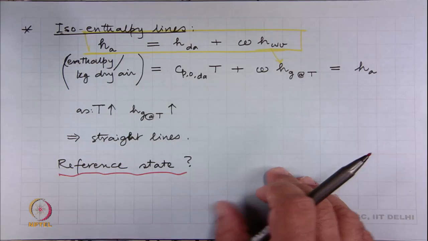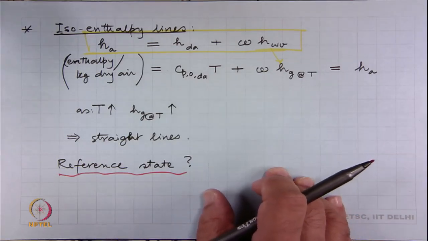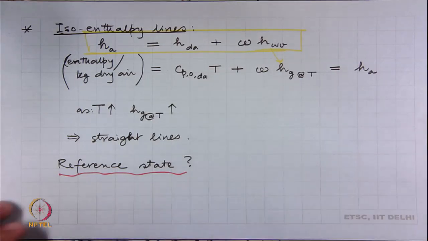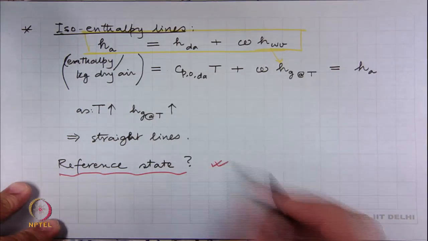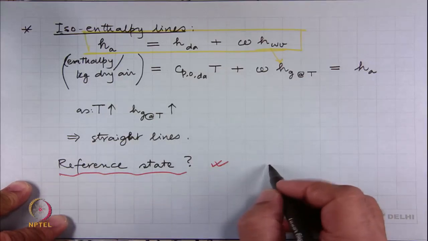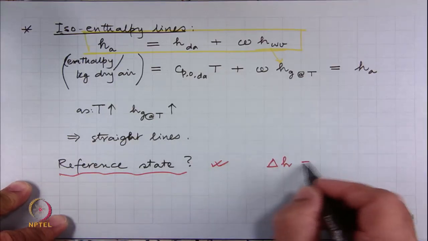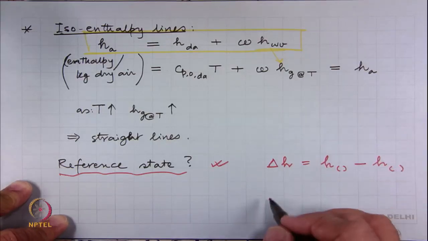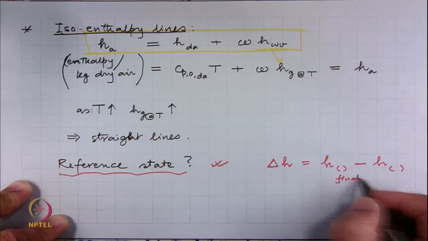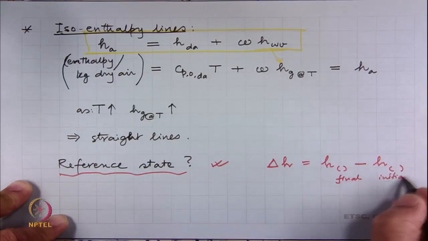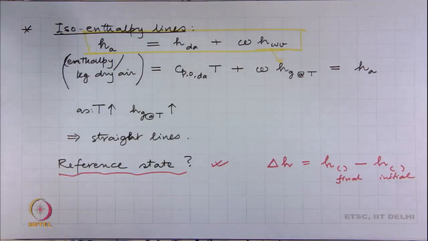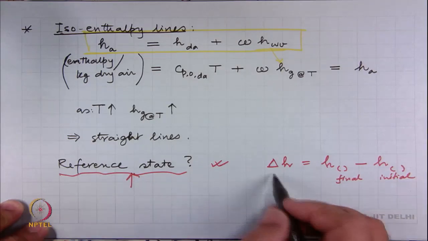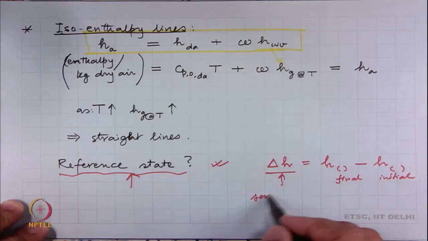Somebody has used minus 20 degrees Celsius as the value for setting H as 0. But that should not worry us, because in most calculations we will be worried about the change in enthalpy, which will be enthalpy at some state minus enthalpy at an initial state. So, this would be a final state enthalpy, this could be the initial state enthalpy, or the outlet and inlet enthalpies. Irrespective of what reference value is used, the difference will always be the same.